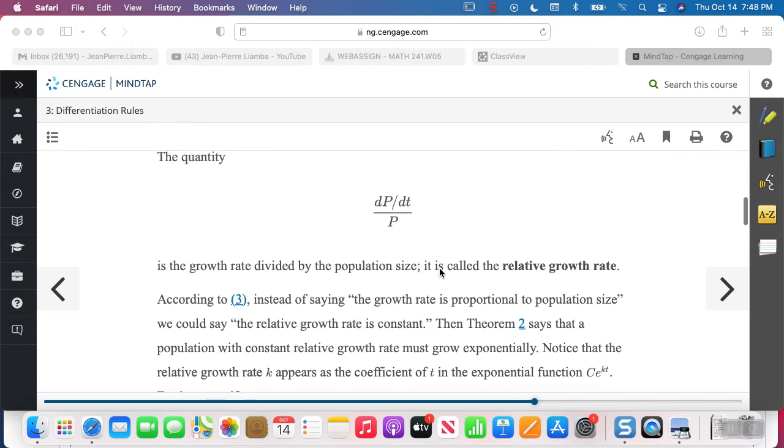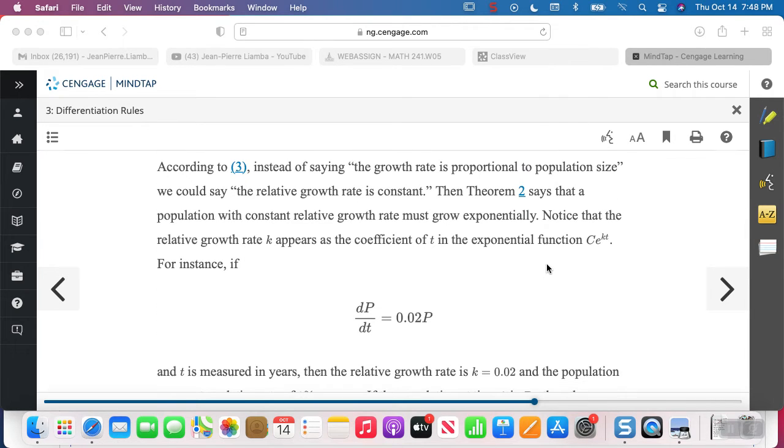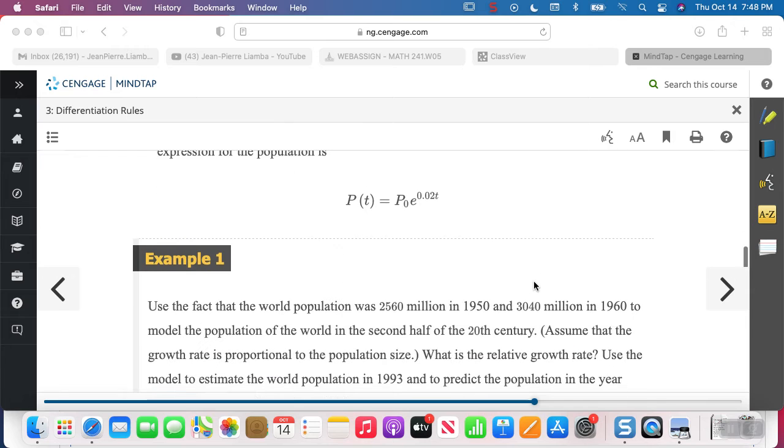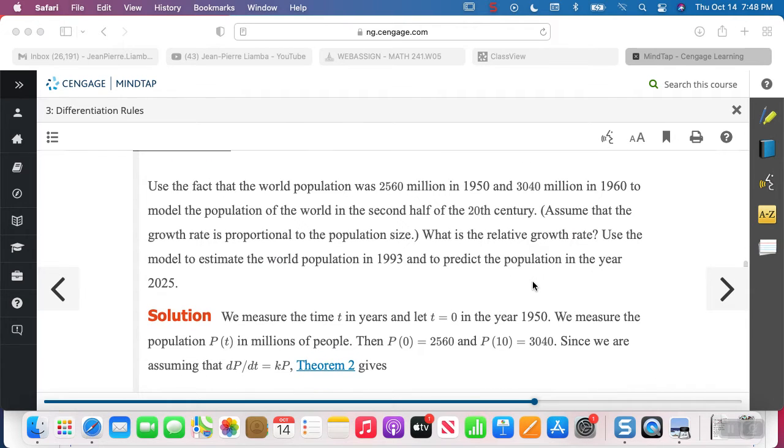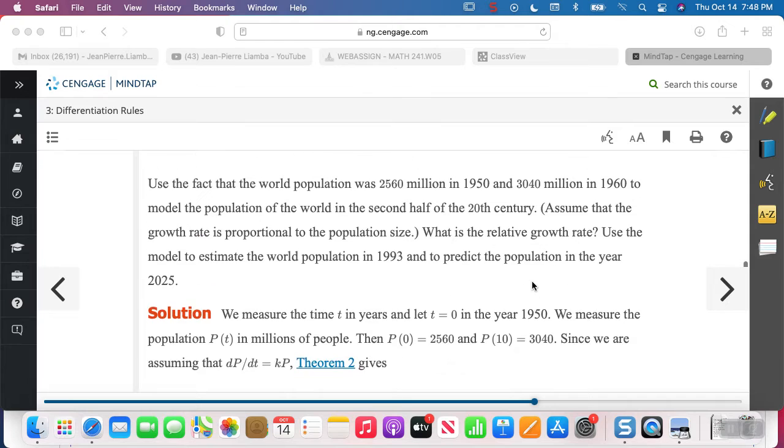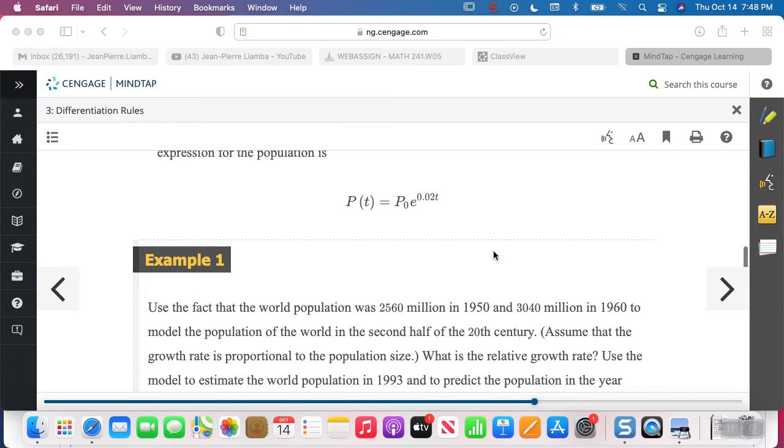It's going to be C times e to the kt, but C is the initial condition, the initial population, which is P of 0, or P sub 0. When you solve that differential equation, that's what you're going to get.